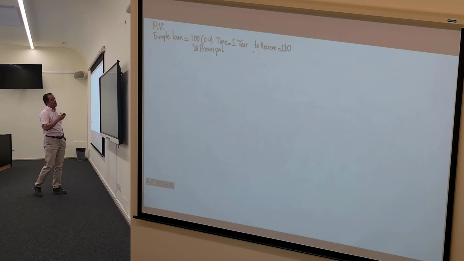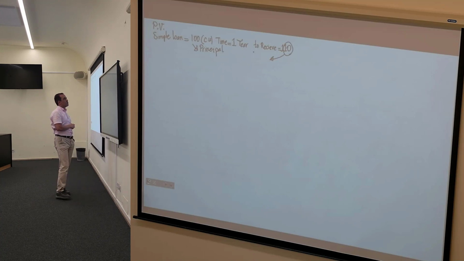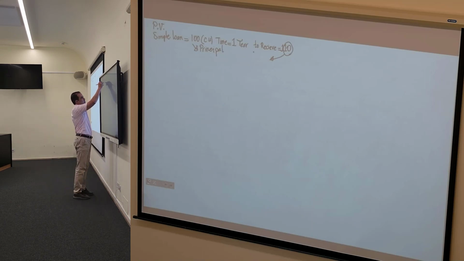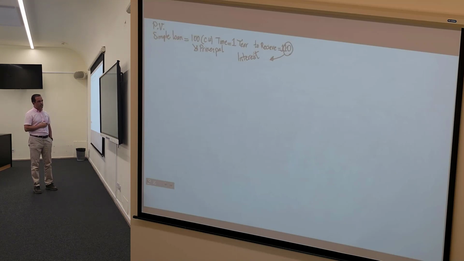The 10 is the extra cost that I pay for borrowing that money, which we call the interest. Okay, so 100 simple loan for 1 year to receive 110, the 10 would be the interest.